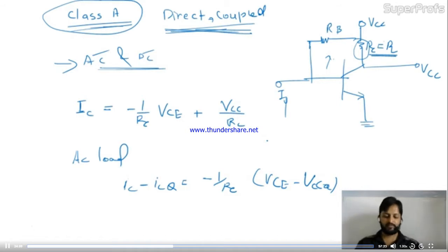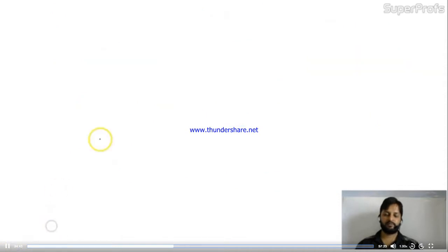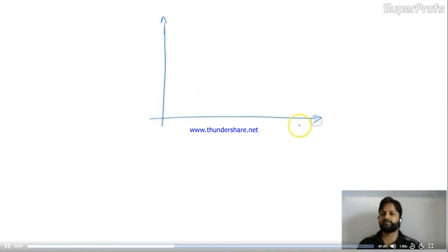But in the class A amplifier, how will the output be? See, you can easily observe now. Let me draw this diagram. This diagram will come after doing the DC analysis and AC analysis, then we'll draw the load line, and based on that load line, we'll locate the Q point in the middle because this is the class A amplifier, and we'll see how the amplification is going on.